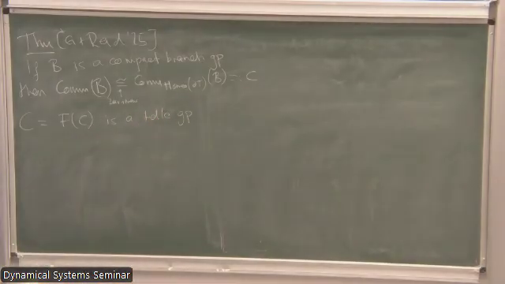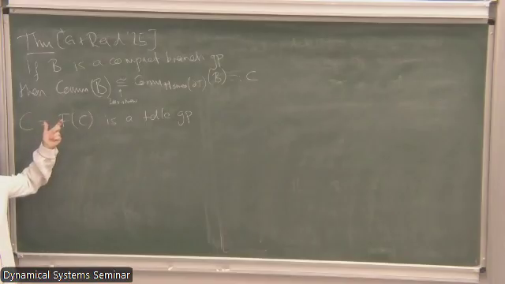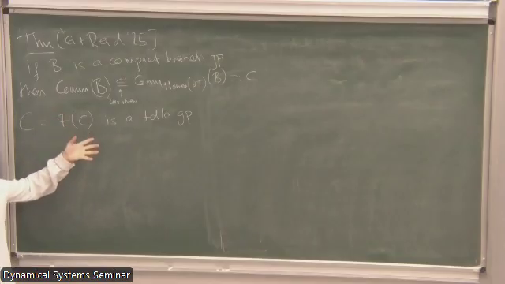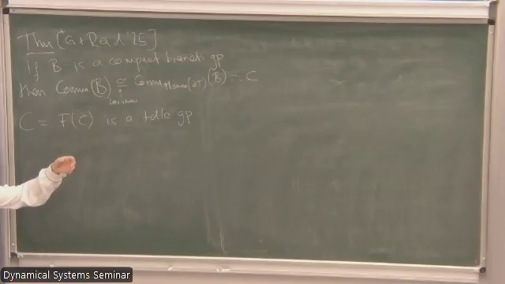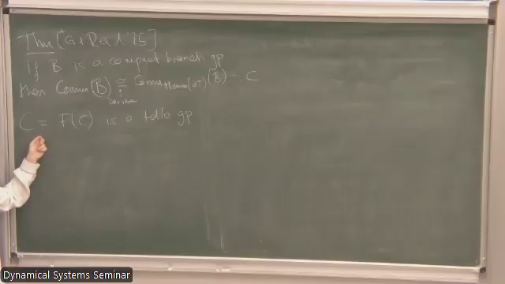Because what we've shown is that it's the commensurator, so of course you can lift the topology up. The topology of B, you can lift it up to C. That is the whole point of commensurating, right? What's interesting is that the full group also commensurates. And this is the idea that I showed you. So the full group is contained inside the commensurator. And therefore you get this equality.